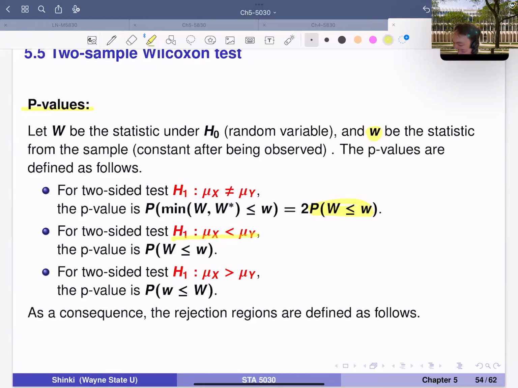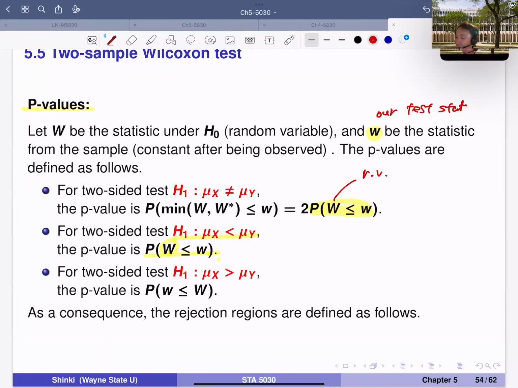And if we have a one-sided test, mu x is less than mu y, then the p-value is just half of this, the probability that this random variable is less than w. Lowercase w is our realization, the test statistic based on our sample. And this is a random variable. Okay.